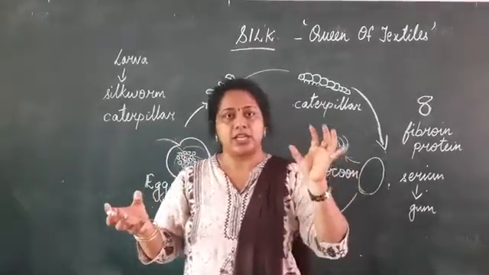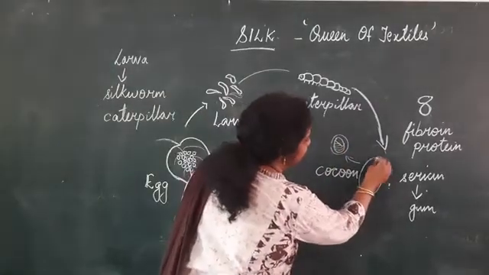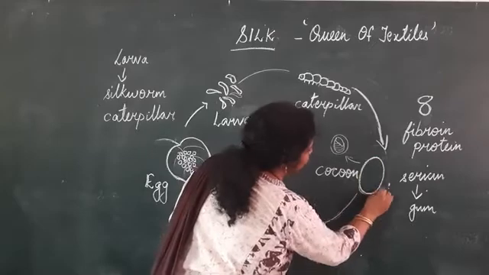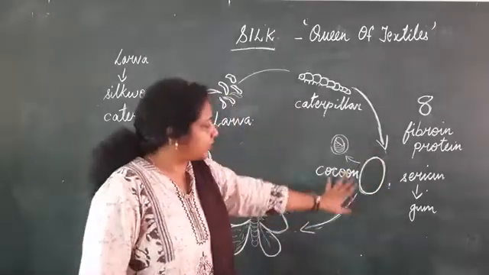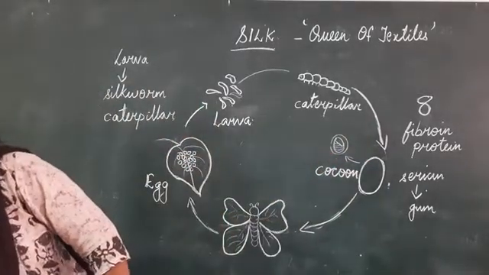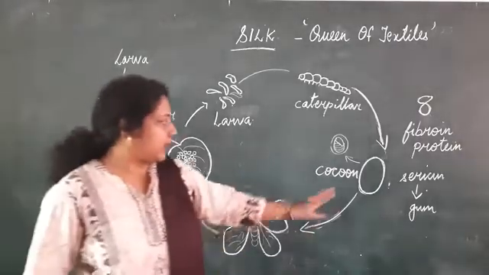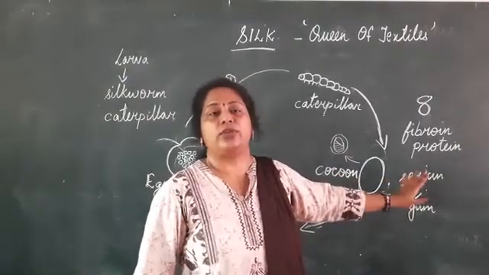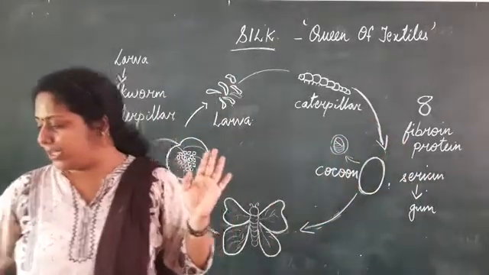And then slowly, as you can see, the whole cocoon is spun around the body of the silkworm. Silkworm के body के चारों तरफ cocoon बन गया है. Now after this procedure, the silkworm goes to rest, for 3 to 4 weeks, complete rest. अब उसके बाद कुछ भी नहीं करेगा.